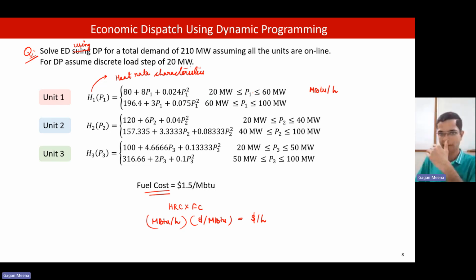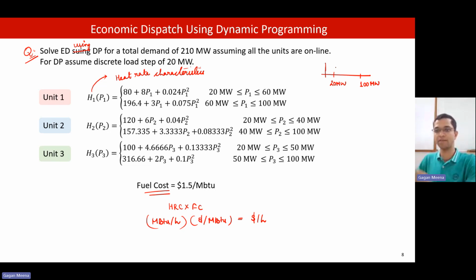Here we can see that all three generators have a maximum limit of 100. All of them have a minimum of 20 megawatts and a maximum generation capacity of 100 megawatts.